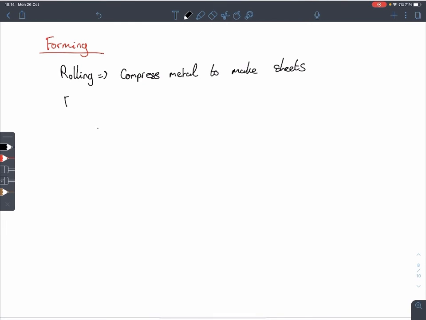We have extrusion. This pushes the metal through a die opening to create shapes with a uniform cross section. So pushes the metal through an opening or kind of design to create shapes on the metal itself.